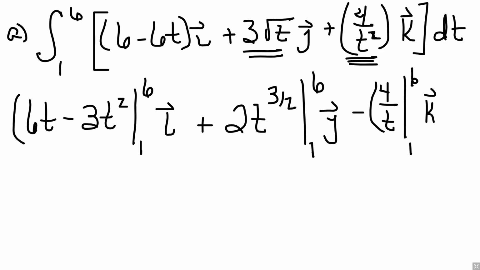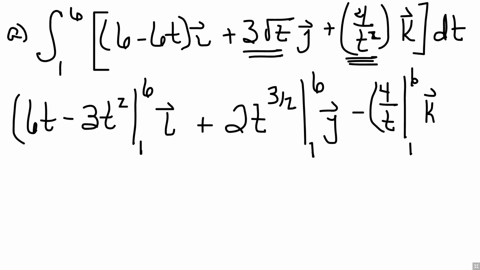Now, in this course, I don't expect to see the calculations for the fundamental theorem of calculus, so the evaluation of the definite integral. Just keep in mind that you want to double check and make sure you don't get things incorrect.